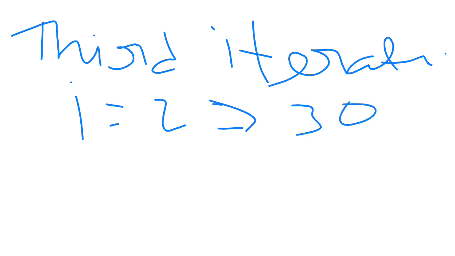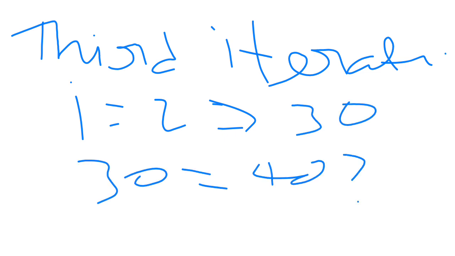Third iteration: i is equal to 2, value 30, 30 is not equal to 40, not a match. Then move ahead.